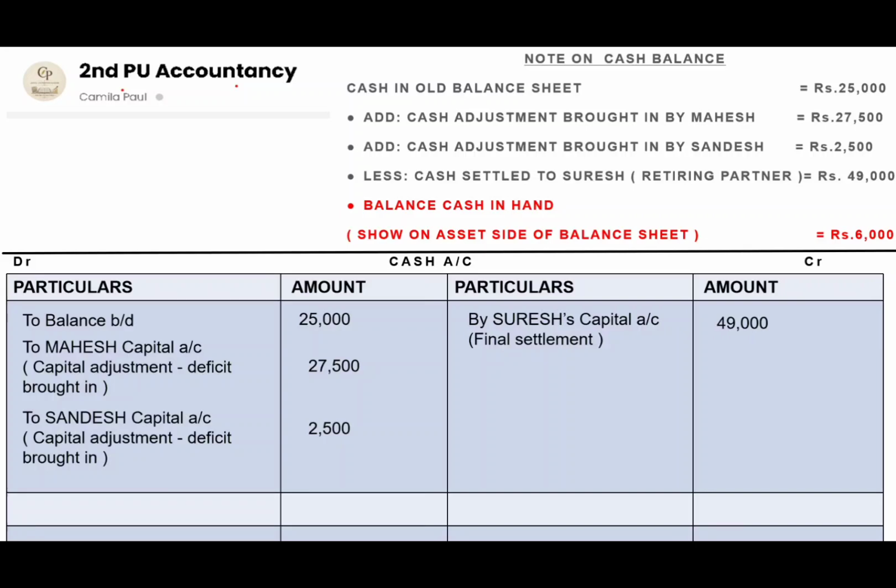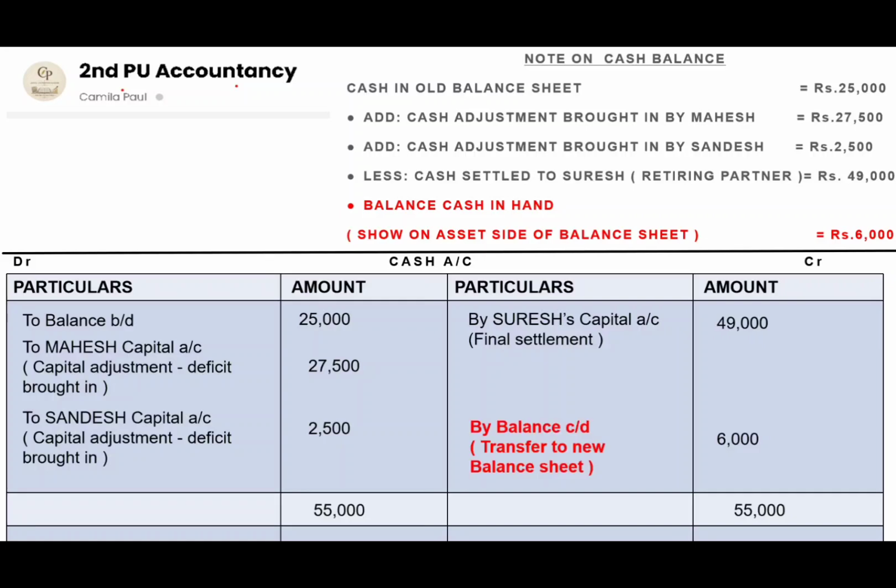Now the entries are made in the cash account. Let's see what is the balance of cash we have. Find the total. The total of the debit side is 55,000, and therefore write the same total on both sides. The balance amount will be 55,000 minus 49,000. So we will get the balance as 6,000.